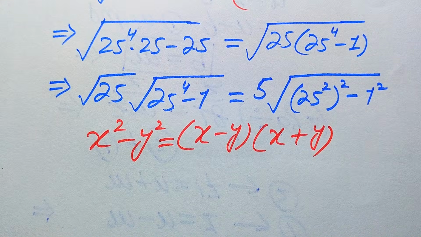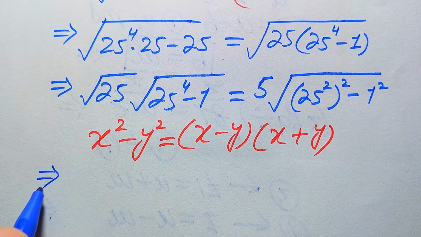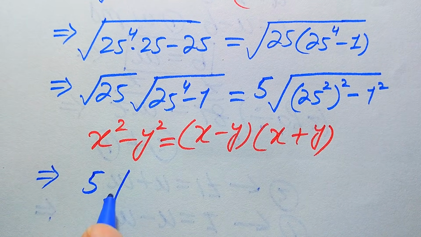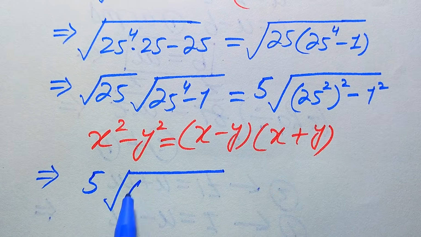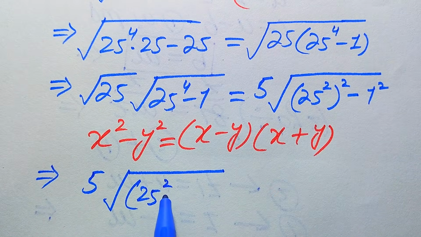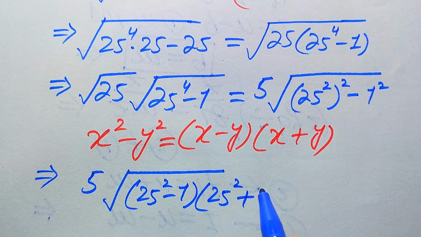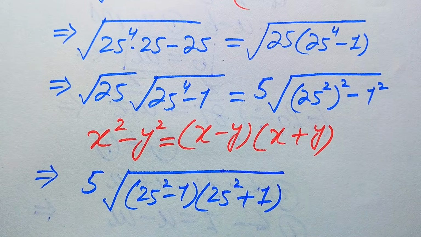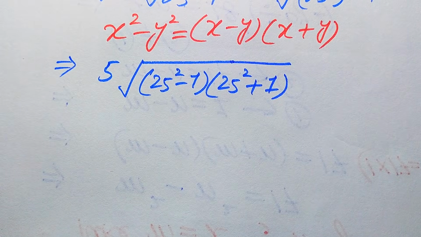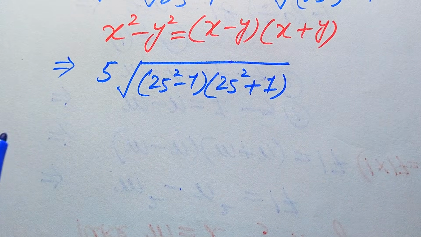According to this formula, we write the above equation in this form: 5 times the square root of 25 squared minus 1 into 25 squared plus 1.